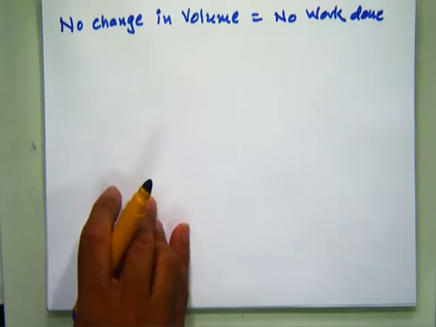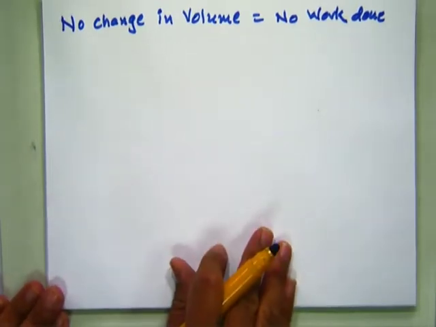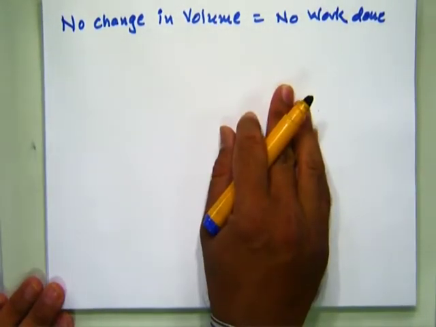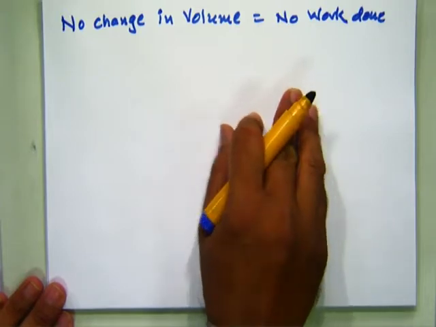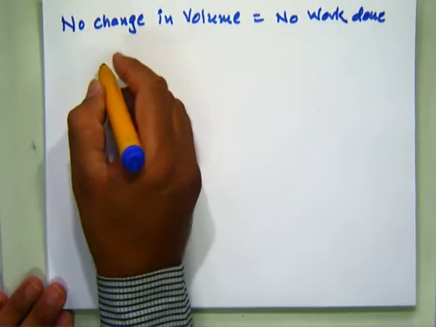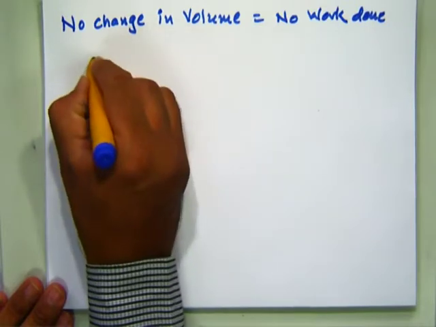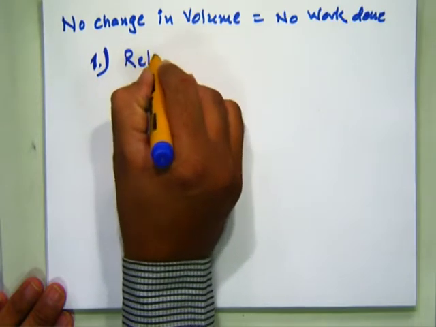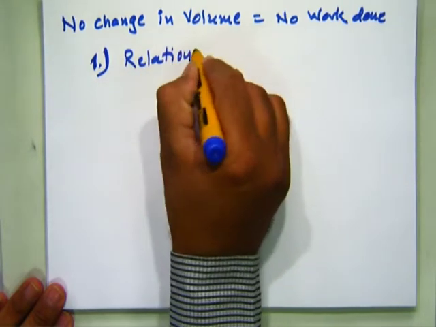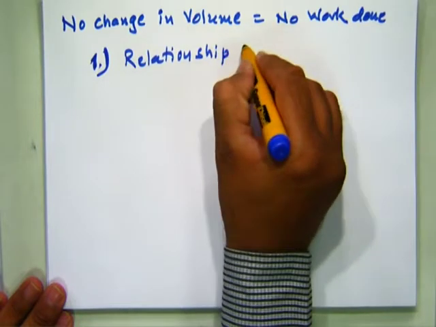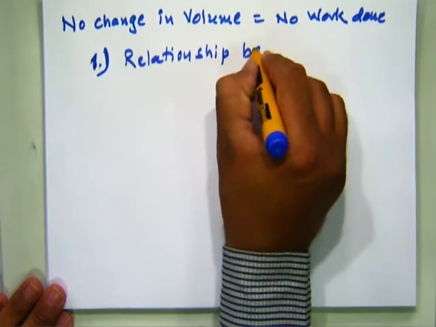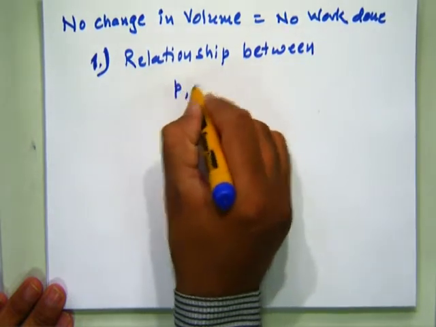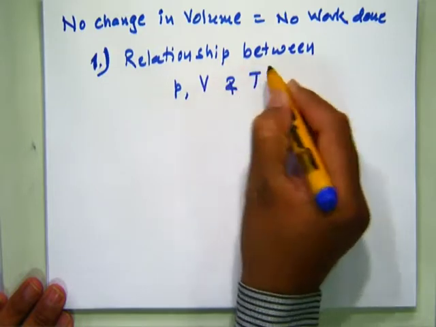Friends, in this chapter on the properties of gas, whenever we take these non-flow processes, our aim is to find out, first, the relationship between pressure, volume and temperature.